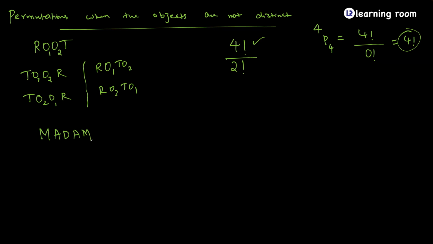So the 5 letters can be rearranged in 5 factorial ways. The answer would have been only 5 factorial had everything been distinct. But here, m is repeating twice, so you need to put 2 factorial here. And a is repeating twice, so you need to put 2 factorial. So 5 factorial by 2 factorial into 2 factorial.